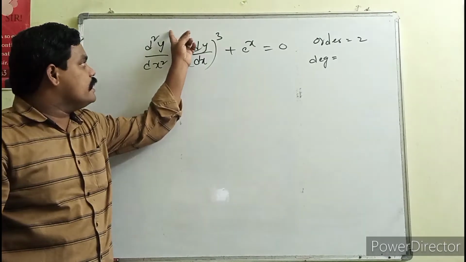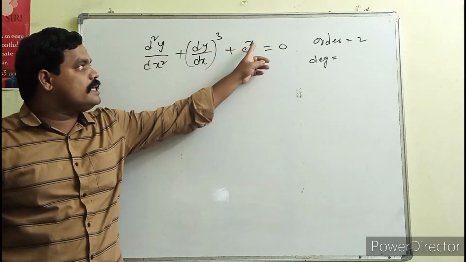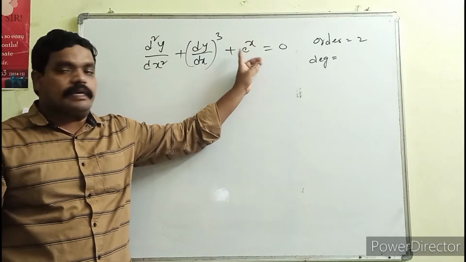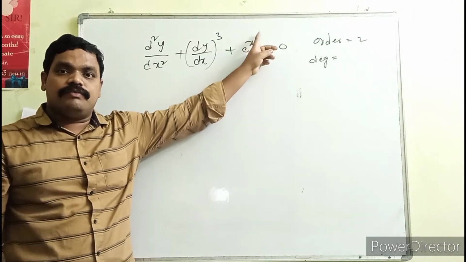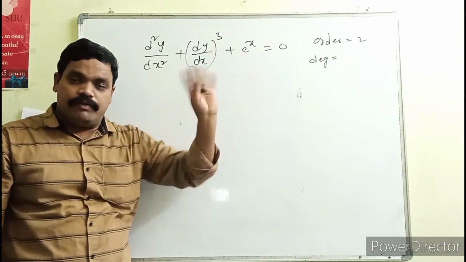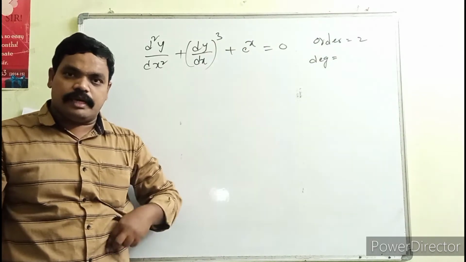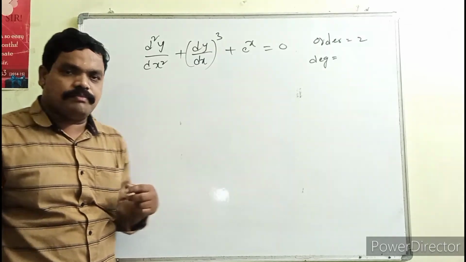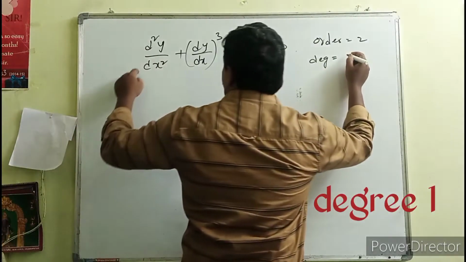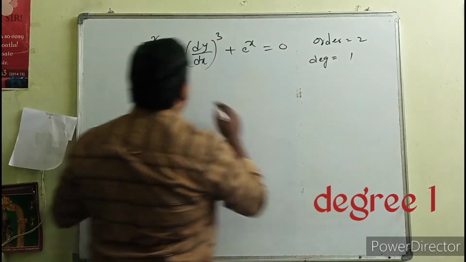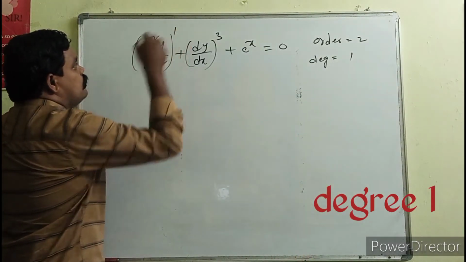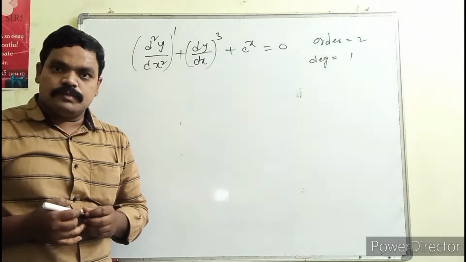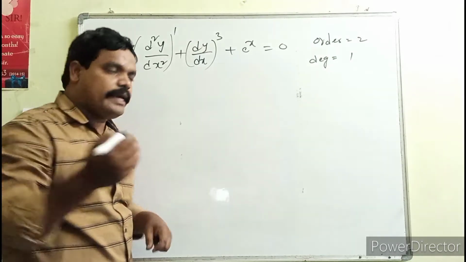This is an integral power, this is also an integral power, and this is e power x. E power x means the e power lies on x only, not on dy by dx. So this is a polynomial form. Therefore, the degree, the power of the highest derivative, is 1. Why? This is whole power 1. Do you understand? Next, take another example.